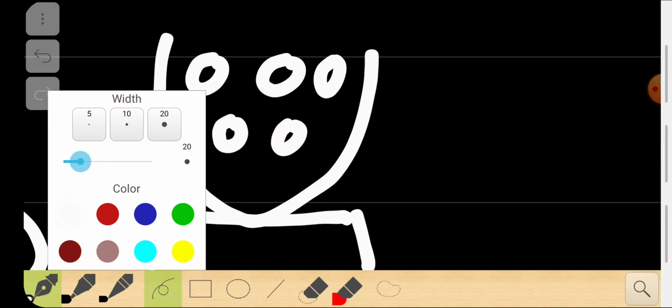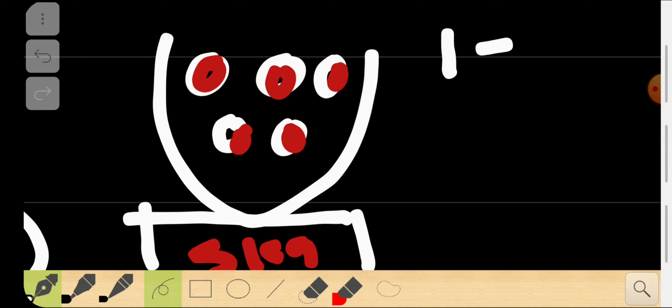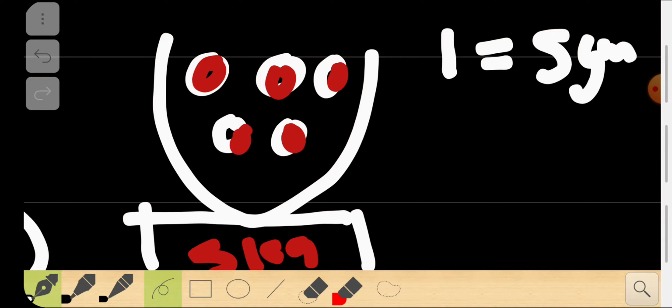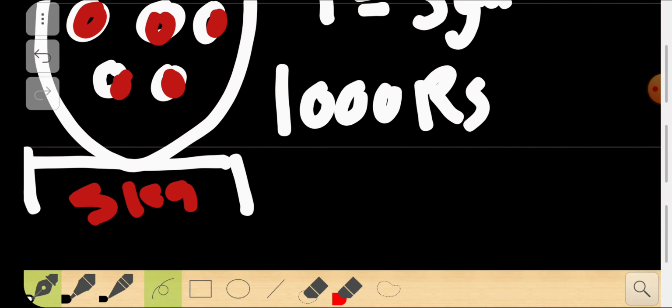If you have coins inside the jar and its weight is 5 kilograms, and one coin is equal to 5 grams, then you have 1,000 rupees or $1,000 or 1,000 pennies inside that jar. You know that for a fact from estimation itself.